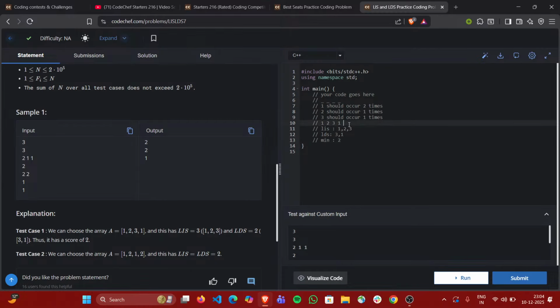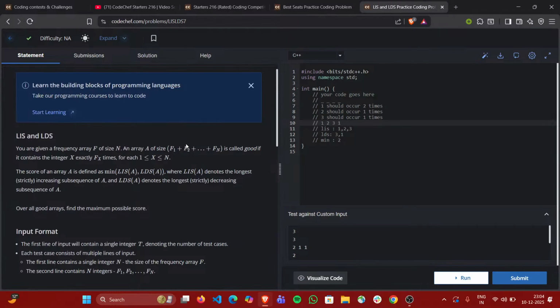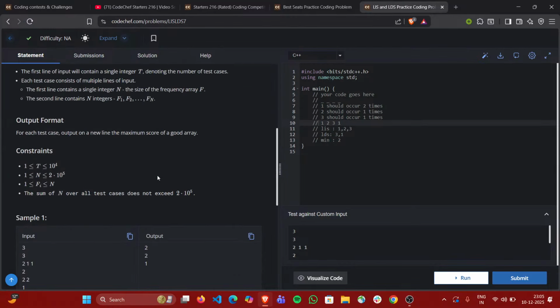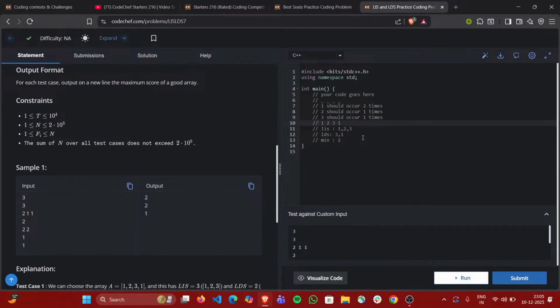So this is the array that they have taken as an optimal one for this test case. Now we basically have to find the maximum score, and the score is the minimum of LIS, LDS. So first of all we need an array which gives the best score, or maybe we can calculate the score even without finding the array, right?